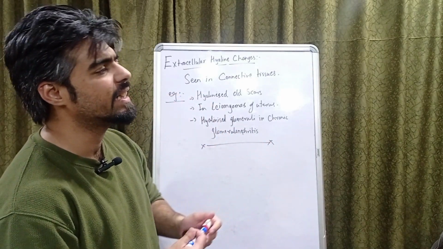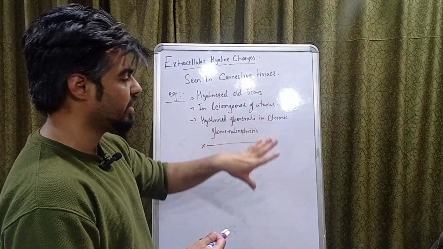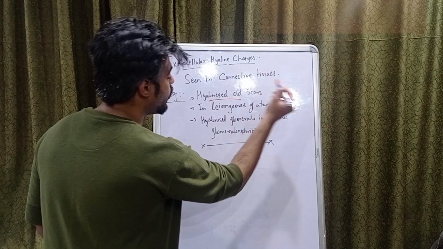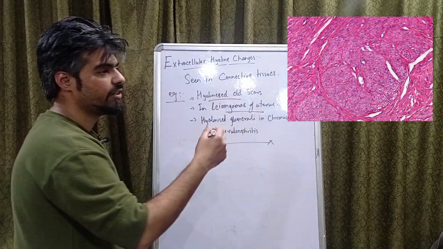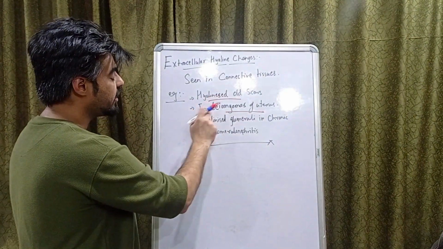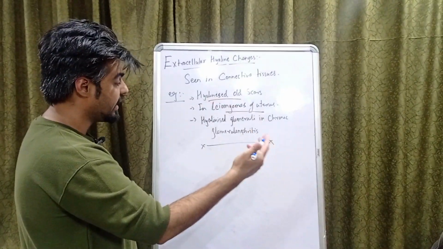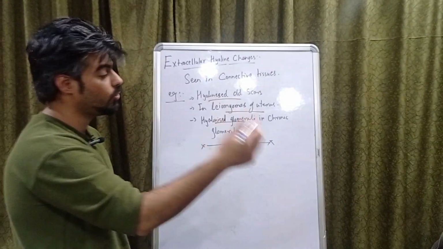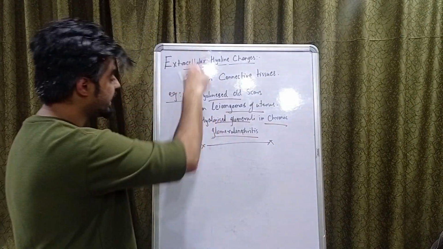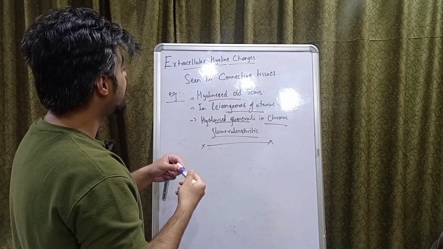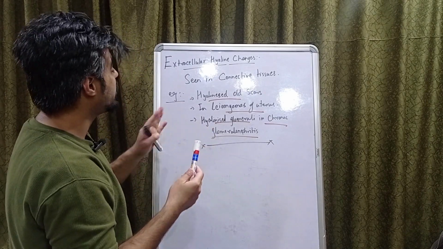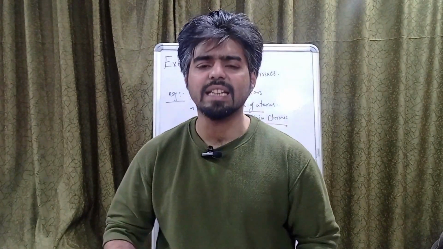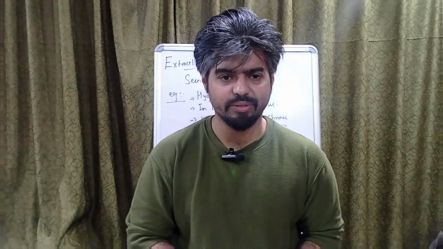It can be seen in old scars, hyalinized old scars, and in leiomyomas of the uterus, where there is hyaline degeneration. It is also seen in hyalinized glomeruli in chronic glomerulonephritis. These are the best examples where extracellular hyaline changes can be seen.